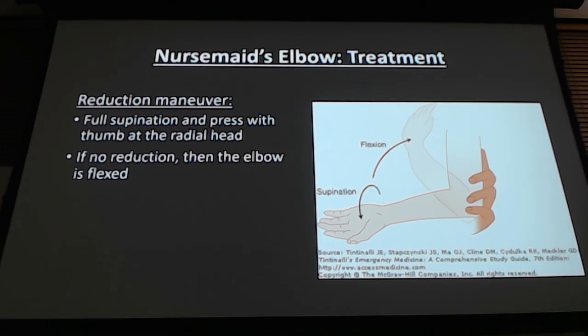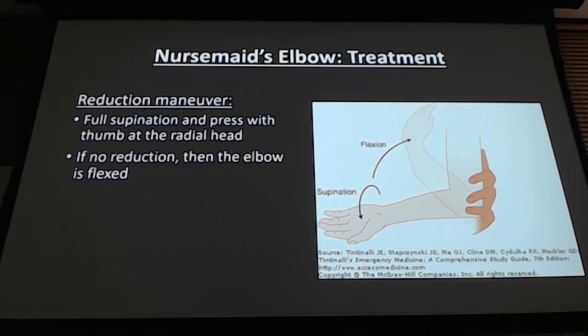Okay, you're going to flex at the elbow. So your thumb is applying pressure, gentle pressure, nothing crazy, right? And you're trying to go to full supination. Is the patient going to resist you? Yes. 100%. Right? But the quicker you get it done, the quicker you can get out of that room. Okay? Because by then they're just not happy.